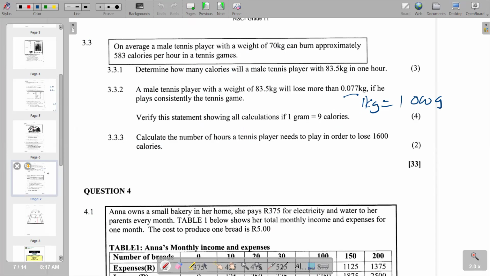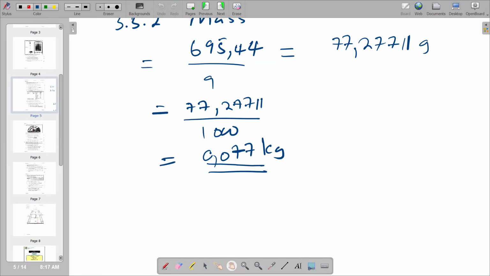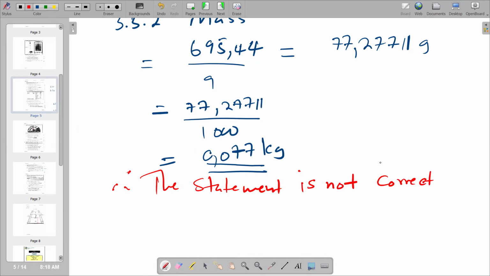So what is our conclusion? Our conclusion is that the statement is not correct. So basically we are saying, therefore, the statement is not correct. So that's what we have for that part.